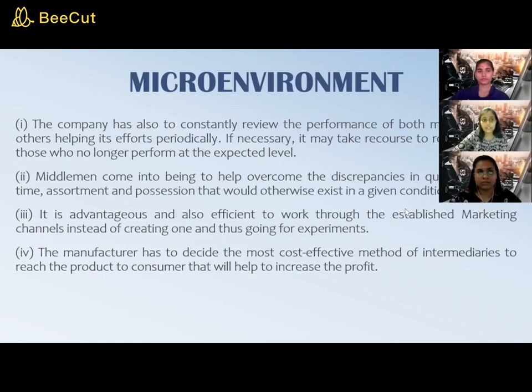It is advantageous and also efficient to work through the established marketing channel instead of creating one and thus going for experiments. The manufacturer has to decide the most cost-effective method for intermediaries to reach the product to the consumer that will help to increase the profit.